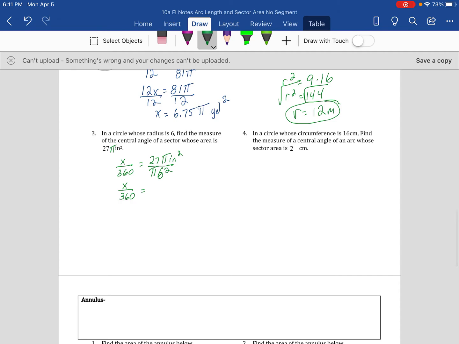So we have x over 360 is equal to 27 pi over 36 pi. Now what you have to think about is, is this taking up a good portion of the circle? 27 over 36. So you can kind of venture a guess. It's going to be 270 degrees if you cross multiply and solve. But 27 over 36 is 3 over 4.